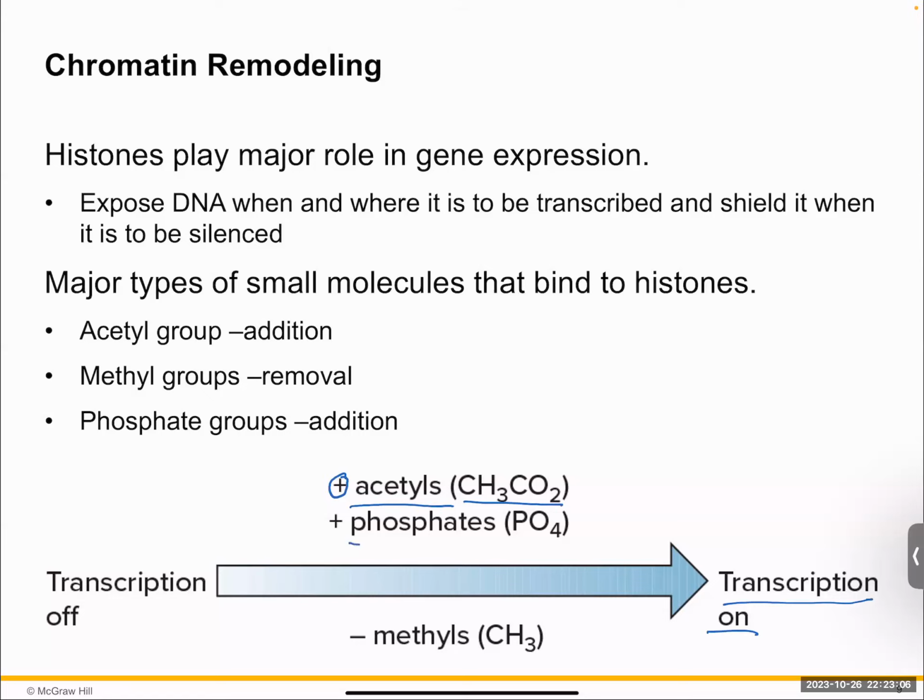The same result would be seen if I add phosphates to my gene, which also triggers an activation of transcription. I will also see the same result if I remove some methyls, which is CH3, from my DNA sequence, and that also acts as a transcription on signal.